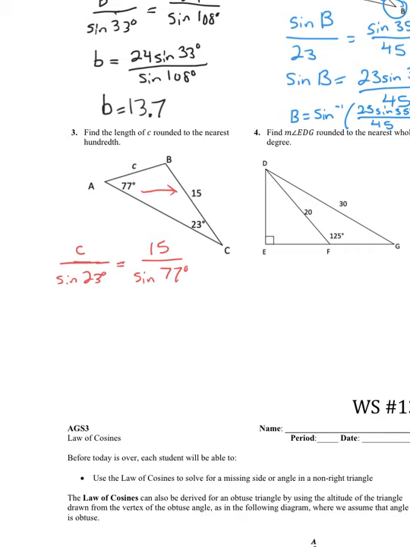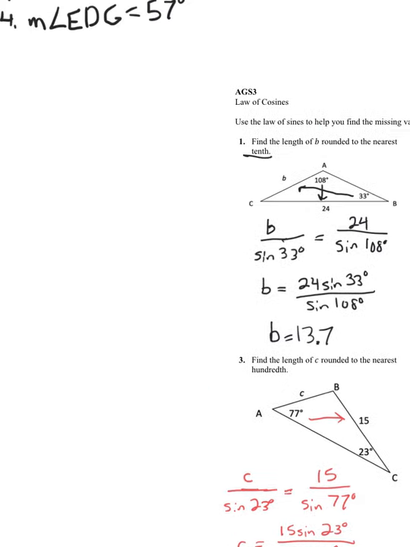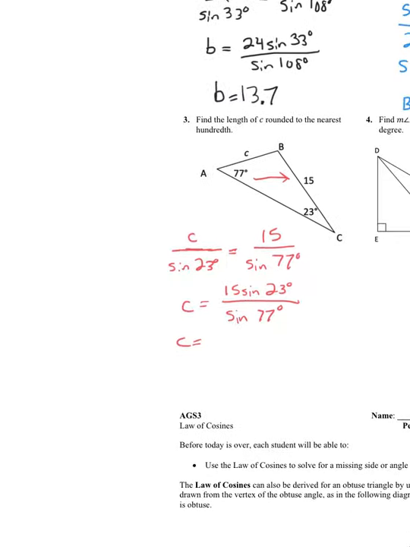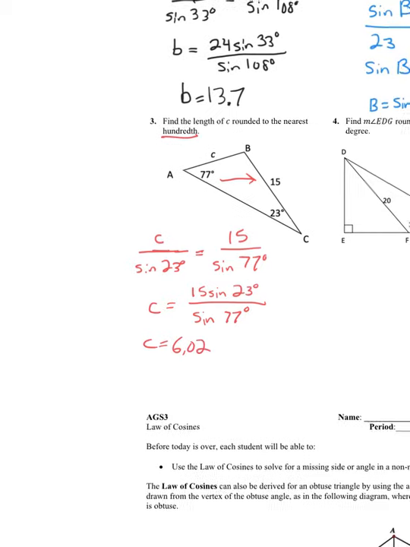That's what we'll end up with for this one. Now we multiply both sides by sine of 23, and we get 15 times sine of 23 over sine of 77. That solves for side C, which in this problem comes out to 6.02, rounded to the nearest hundredth, which is 2 decimal places.